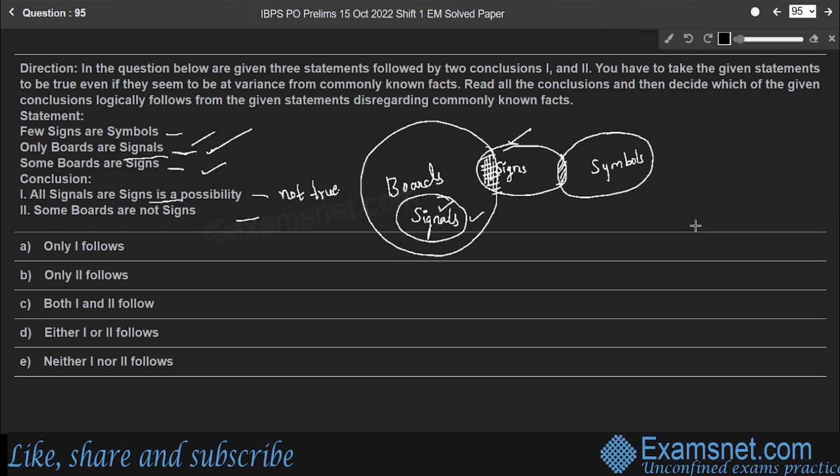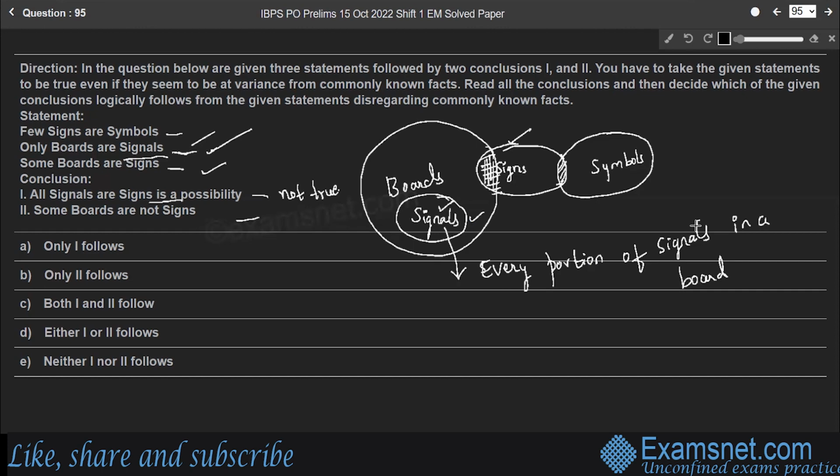Only boards are signals means every portion of signals is a board. That means other than board, every portion of signal cannot be other than board, right? Therefore, all signals are signs is a possibility.